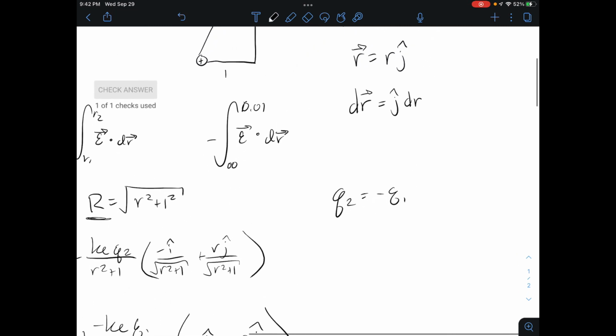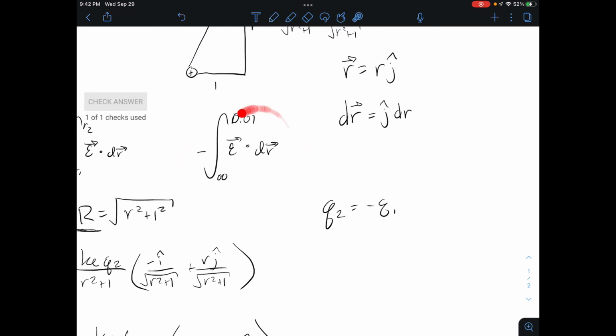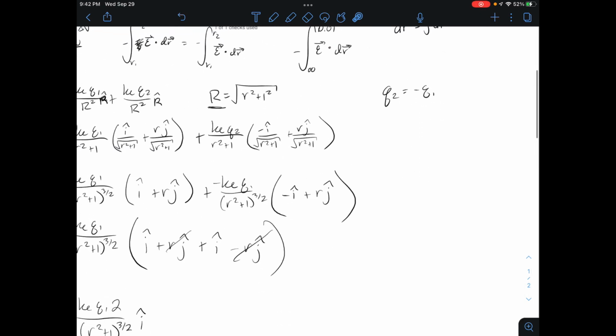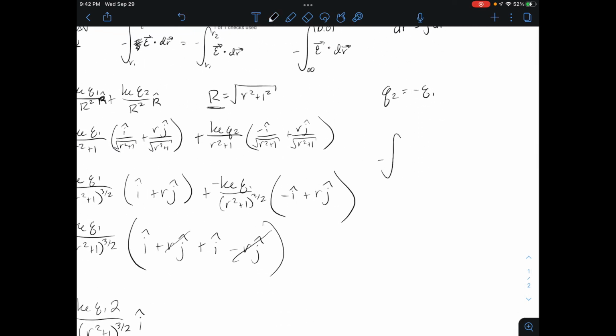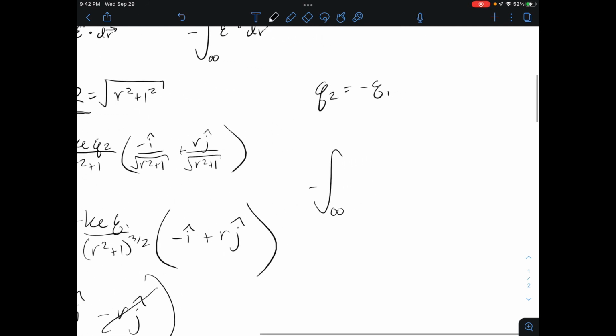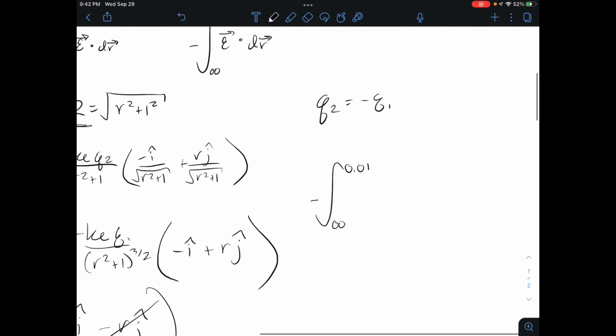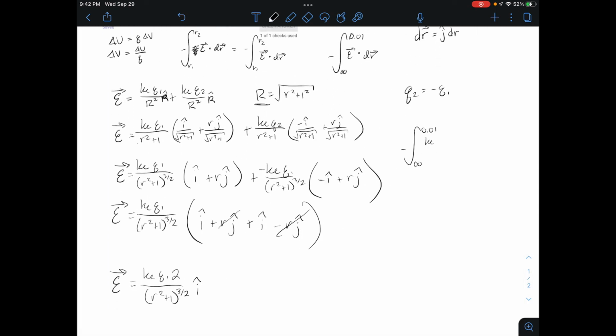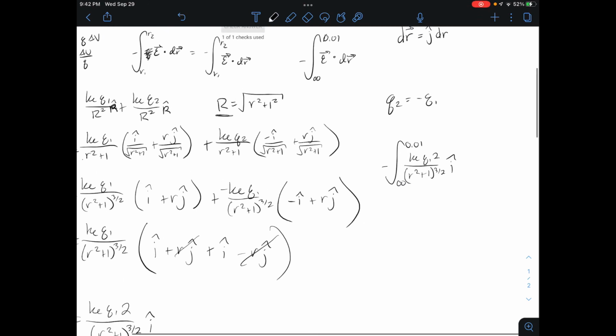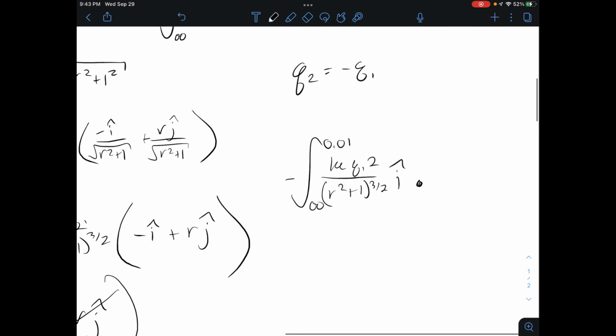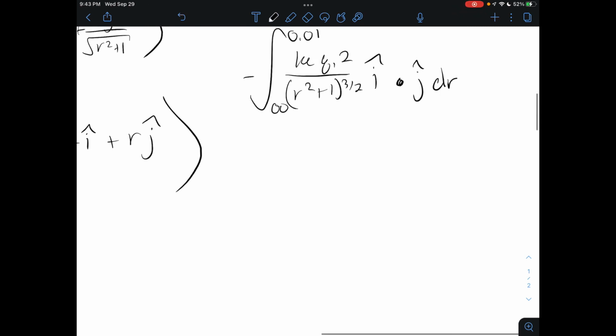Now if we plug all of this back into this equation here, we get the negative integral from infinity to 0.01 of Ke Q1 2 over r squared plus 1 to the 3/2 i hat dot j hat dr. Fun fact, i hat and j hat are perpendicular.